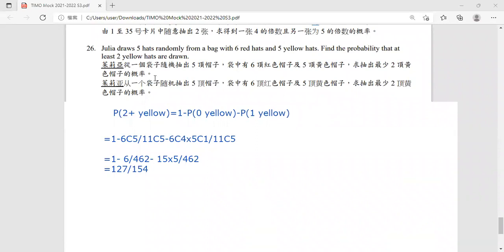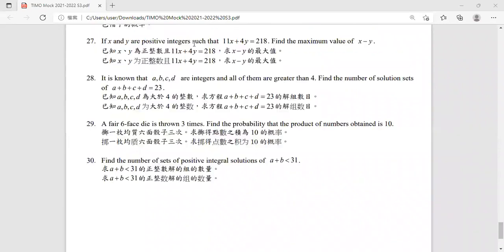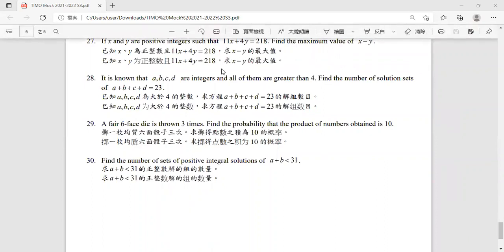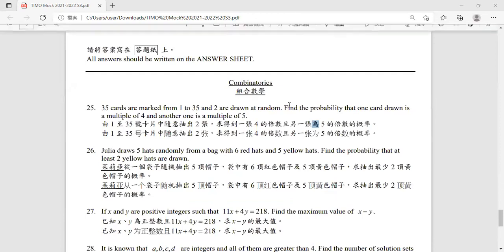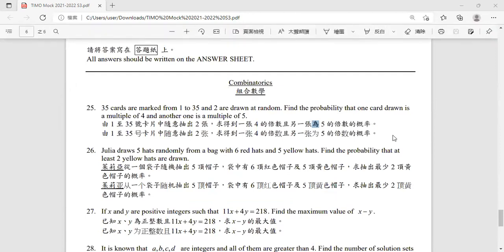Okay. Question 27. Now x is positive and x plus 4y is equal to x. Find the maximum of x minus y. So that means that you have to minimize y. Oh, wait. Okay.